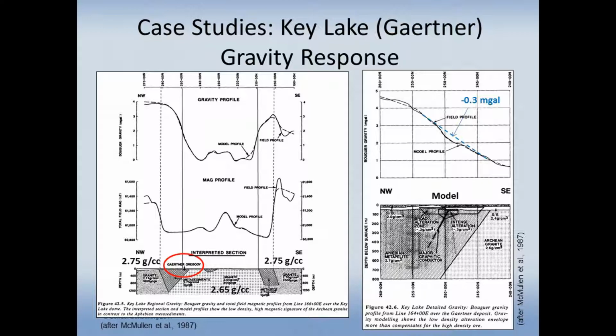And the gravity profile they showed I thought was pretty nice, because they state there's a minus 0.3 milligal anomaly, and I just drew in my own regional here. It's a really tiny little dip on this profile. But it's arguable that 0.3 milligals is real. It highlights the importance of understanding what the regional is in the area.